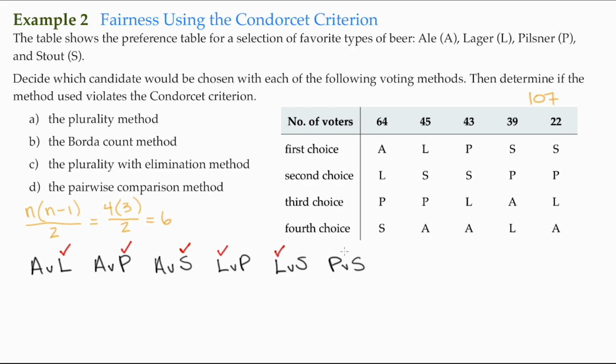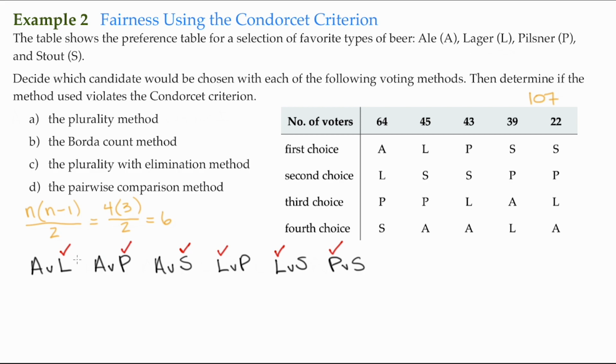But we'll go ahead and do pilsner and stout here. Pilsner wins here, pilsner wins right here, and I think that's it. So pilsner gets 109. So pilsner wins in a head-to-head. But we've already seen here, if we award 1 point to whoever wins a head-to-head, lager will have 3 points, pilsner will have 2 points, and stout will have 1 point.